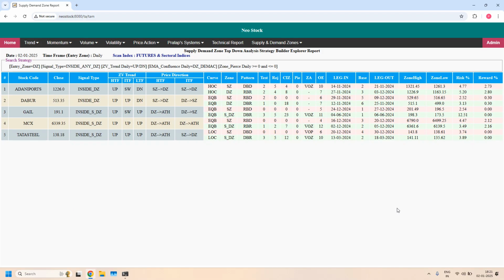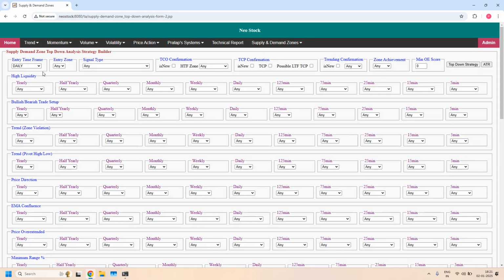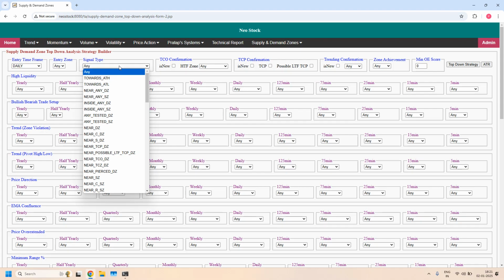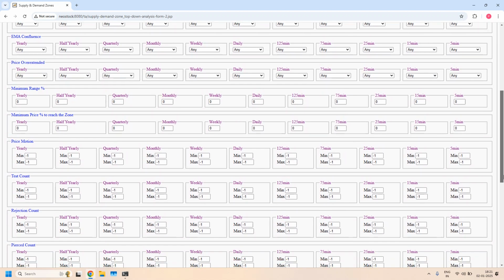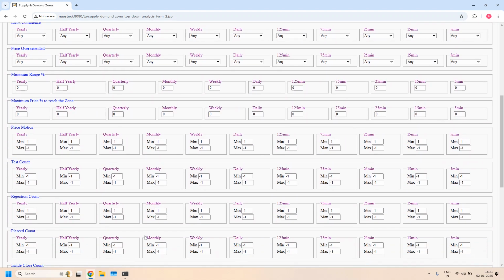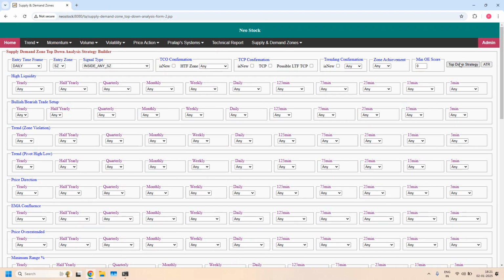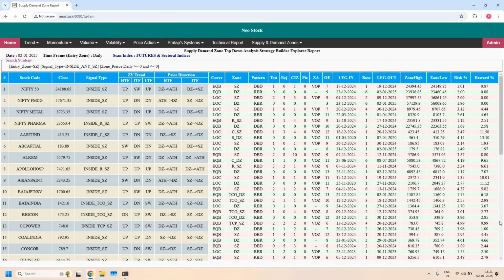Okay. Next, daily time frame. Price closed inside daily supply zone, and these daily supply zones should not be pierced. So at pierced count daily time frame, I am setting minimum value 0, maximum value 0. Let's filter. So this is the filtered list.